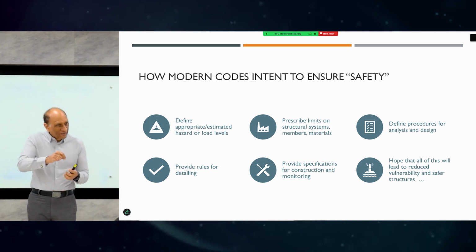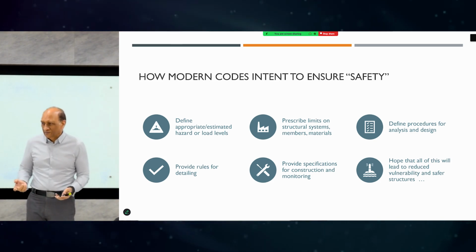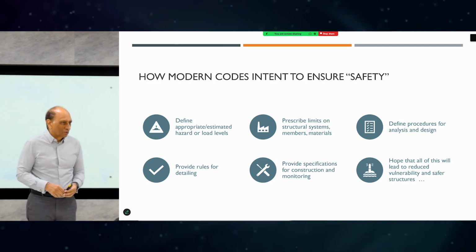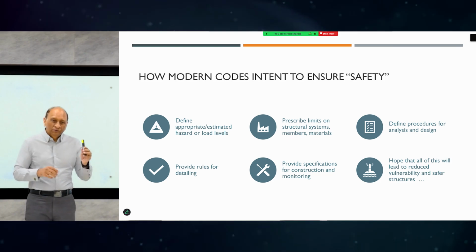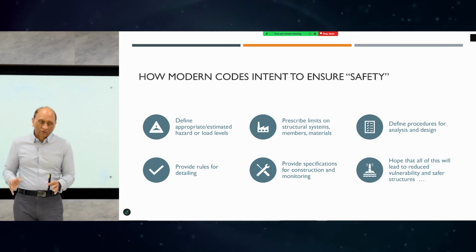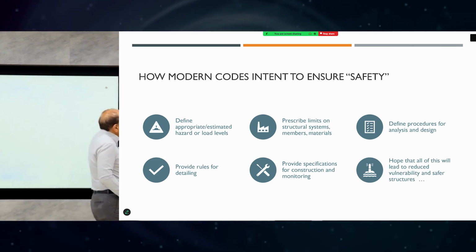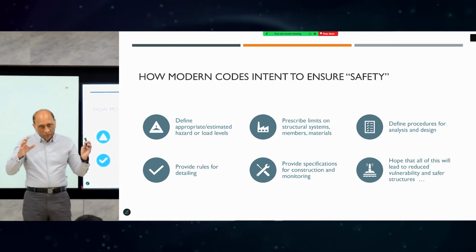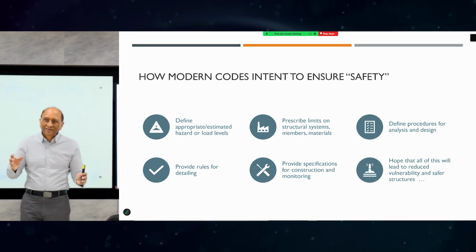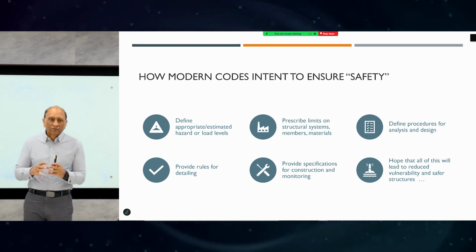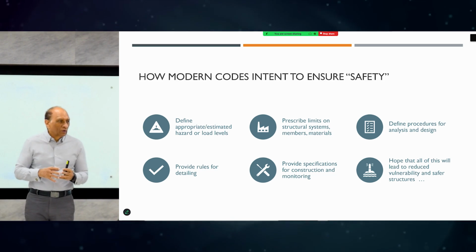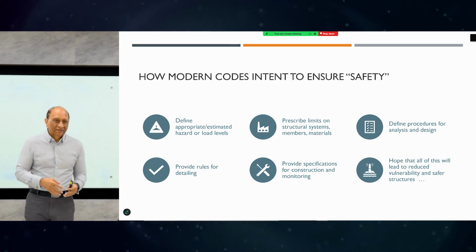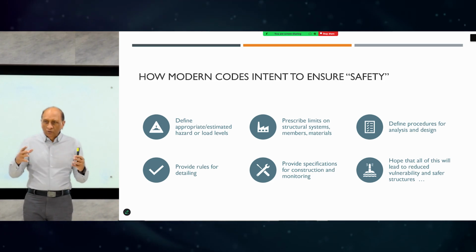You cannot say anything more than that. You cannot guarantee that the building is safe, except you can say that I follow the code. So if somebody comes and says, write me a certificate that the building is safe, you cannot write a certificate because you don't know. All you know is that you followed the code. But if you want to find out whether it's really safe or not, then you need to do performance-based design to ensure safety. We need to go into detail, prescribe the limits, do the nonlinear analysis, find out the real earthquake, not use the maps, not use the wind velocity, measure everything, get the real loading, get the real material, don't use design material, and so on and so forth.